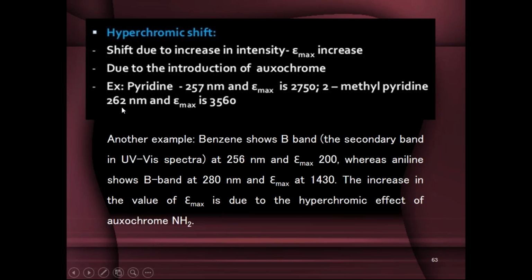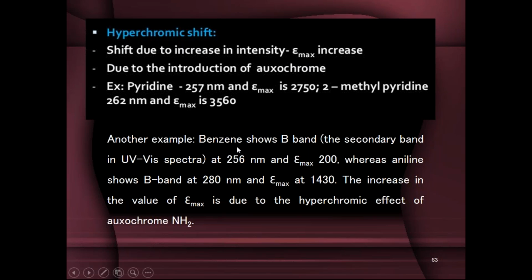So what happens to the lambda max? It is shifting to longer wavelengths. From 257 nanometer, it is now shifted to 262 nanometers. So there's a bathochromic shift. And also observe the epsilon max from 2750, it has increased to 3560. There's an increase in the intensity of absorption. Hence, we say there is also a hyperchromic effect.